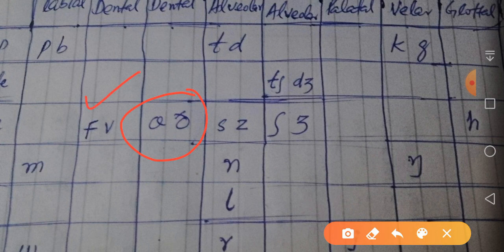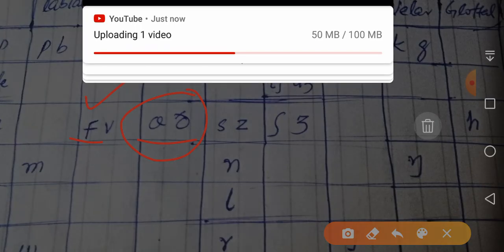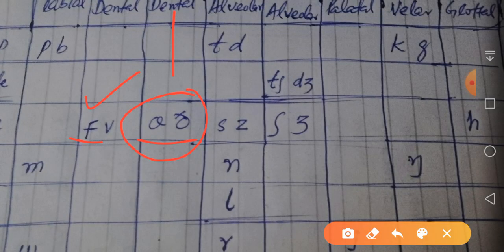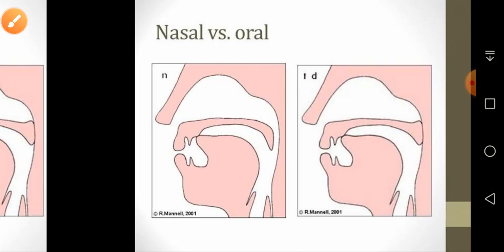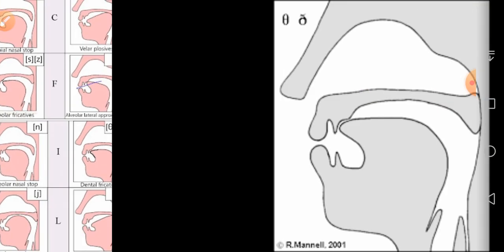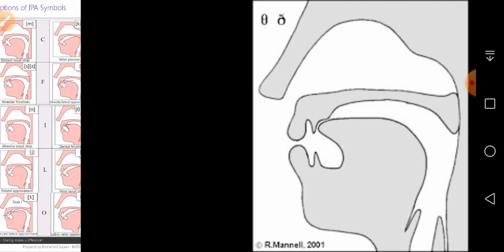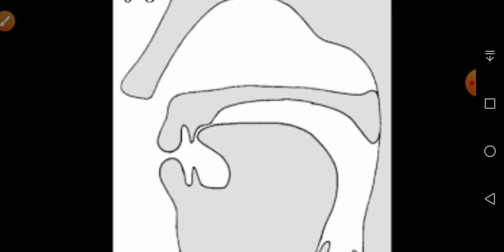So this pair has just been covered. Now these are known as dental sounds. Let me take you to the main picture. As you can see, this picture is quite clear.